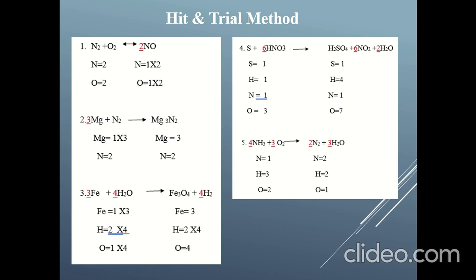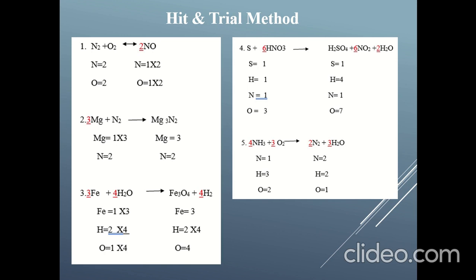Hydrogen on the product side is 2, and to make it the same on the reactant side we need to multiply with 4, and oxygen is 4. So on the reactant side we need to multiply water with 4. So it becomes 3Fe plus 4H2O gives Fe3O4 plus 4H2. So iron reacts with water to form iron oxide and hydrogen. The number of atoms on both sides is the same.